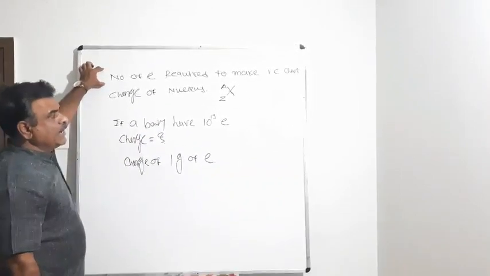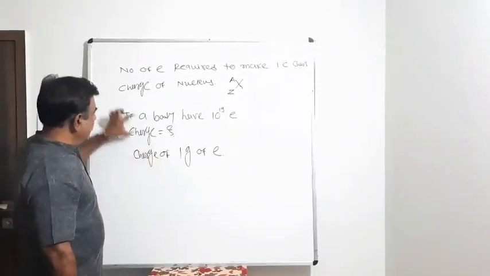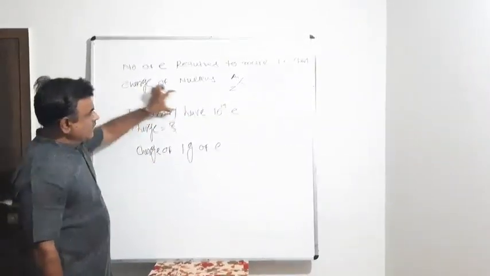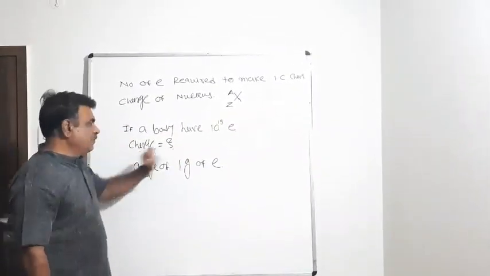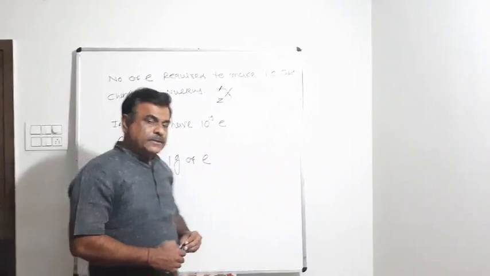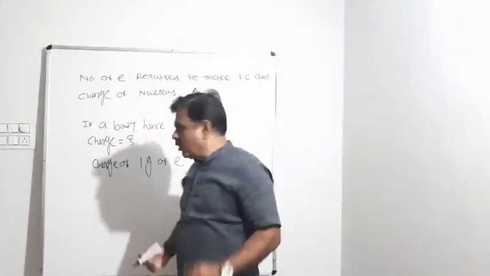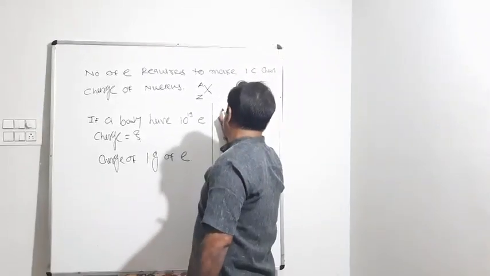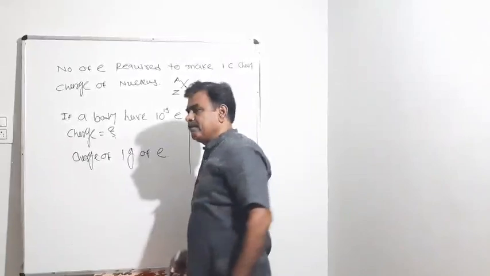Number of electrons required to make 1 coulomb charge, charge of nucleus X, Z, A. If a body has 10^19 excess electrons, what is the charge on that? Charge of 1 gram of electrons. These are all based on the law of quantization. And as per the law of quantization, what we have written? Q is equal to n times e.